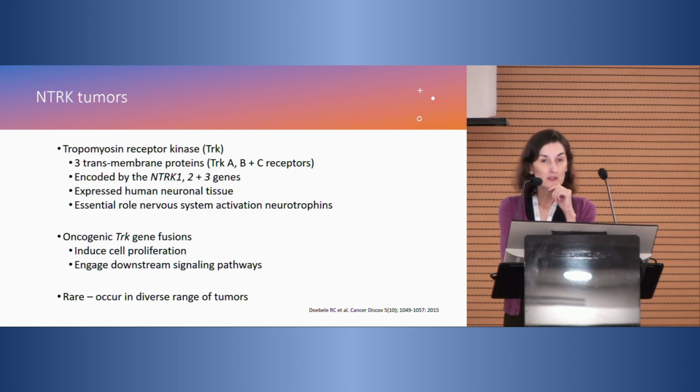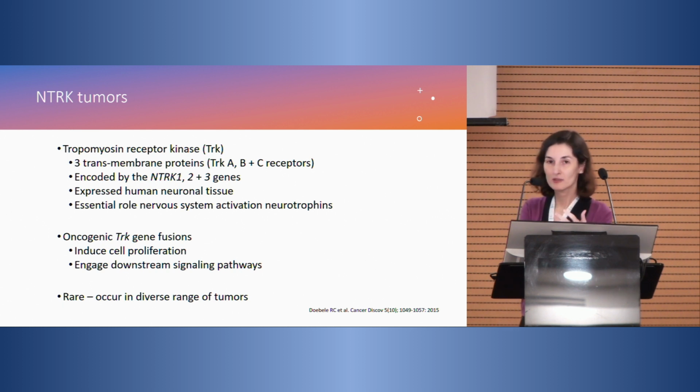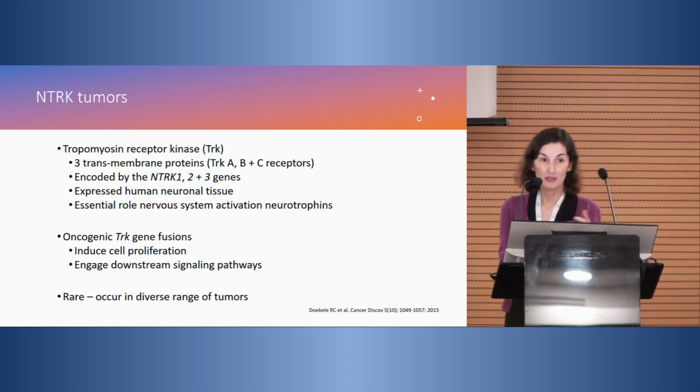And we see this in soft tissue cancers, but we also see it in different types of cancers which are not sarcomas, such as some of the gastrointestinal cancers and many other tumor types, which I will talk about in a minute.